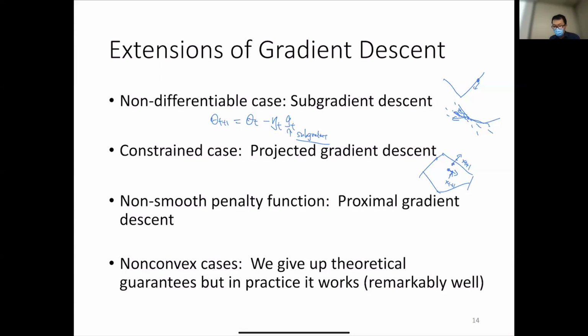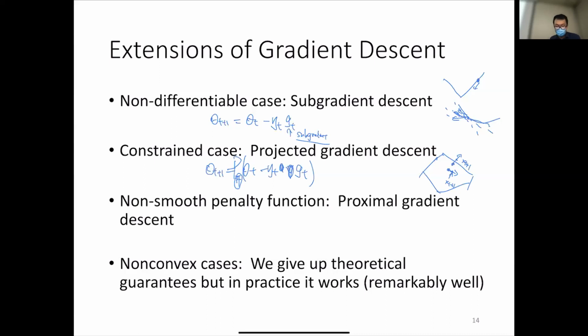So what you can do is simply update theta t plus 1 to be theta t minus eta t times the gradient or subgradient g t. But then after that, you simply project it to the convex feasible region.